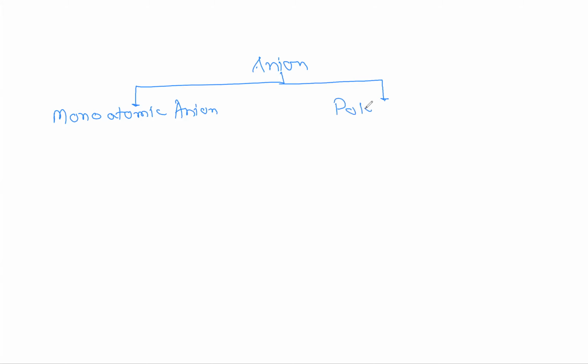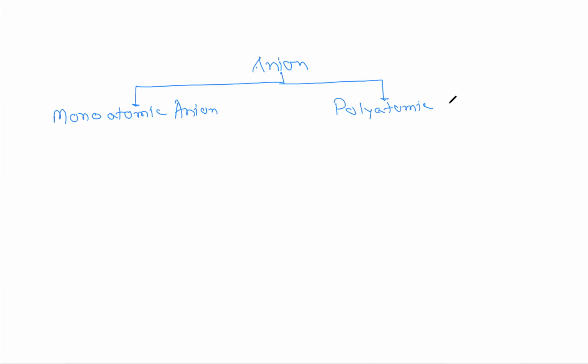All right, I'm going to start with a simple one. When we talk about anion, there are two types of anion. The first one is called monoatomic anion. The second one is called polyatomic anion.